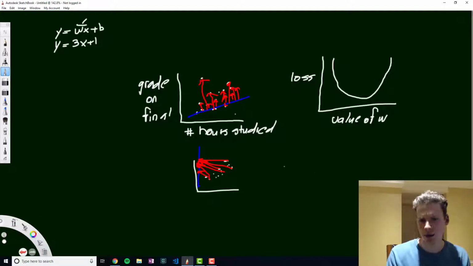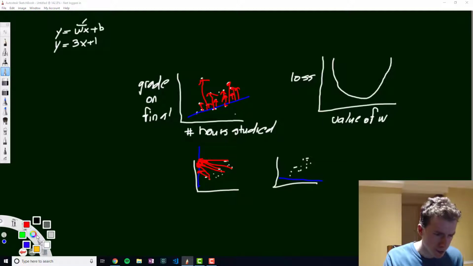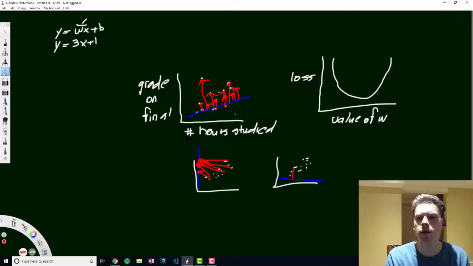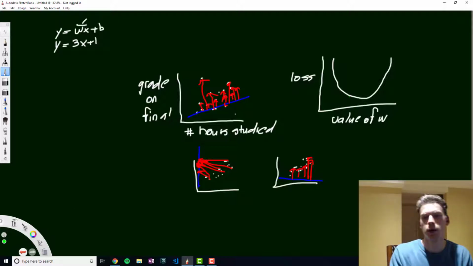And in the same way, if my slope were approaching negative infinity, my red arrows would be longer as well. And so the optimal value of w will always be right here at the global minimum.